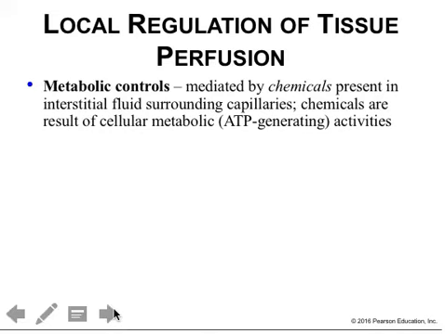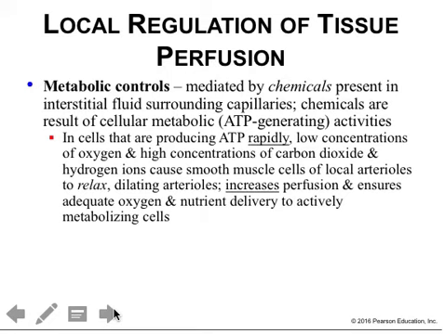Metabolic controls are mediated by chemicals present in the interstitial fluid surrounding the capillaries. Chemicals are the result of metabolic activities, those that produce ATP, the cell's form of usable energy. In cells that are producing ATP rapidly, low concentrations of oxygen and high concentrations of carbon dioxide and hydrogen cause smooth muscle cells of the local arterioles to relax.